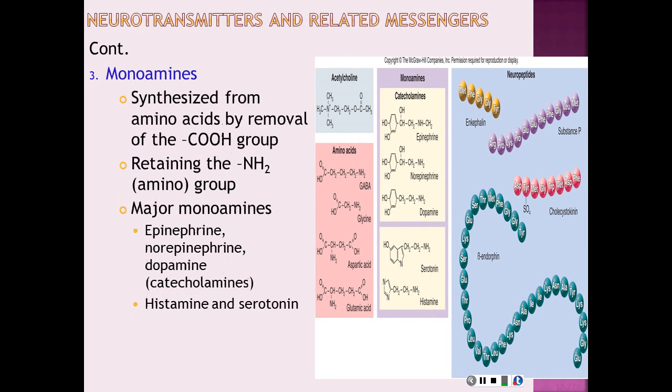They are synthesized from amino acids by removal of the carboxyl group. The major monoamines are epinephrine, norepinephrine, dopamine, histamine, and serotonin. The first 3 are in a subclass called catecholamines.